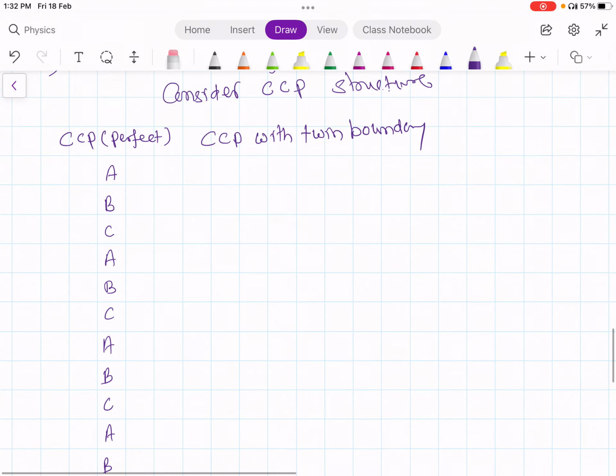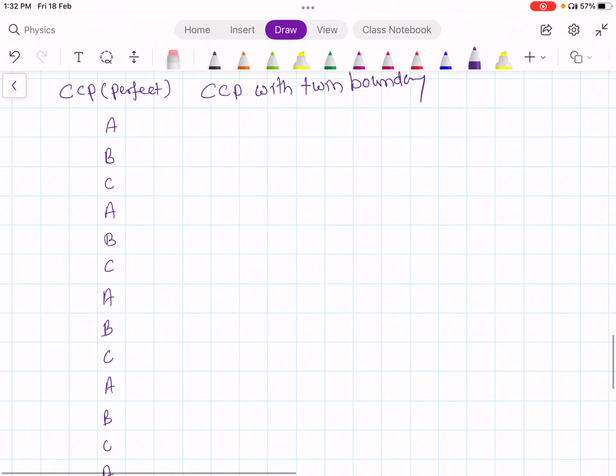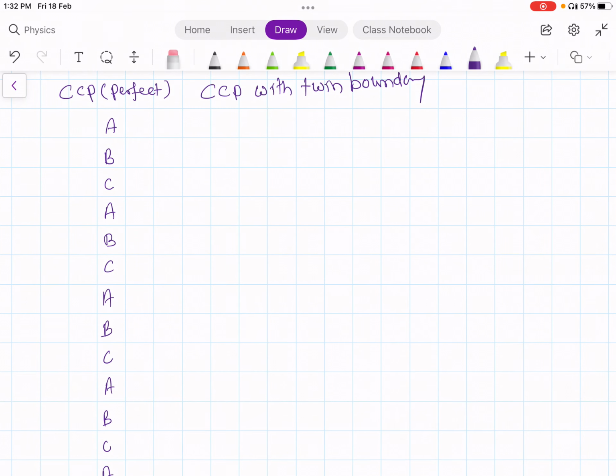For that, let me consider this C plane as a mirror plane. I am assuming that this C plane is a mirror plane.